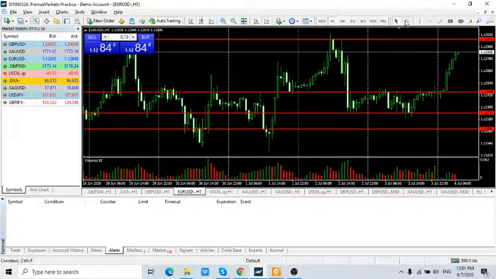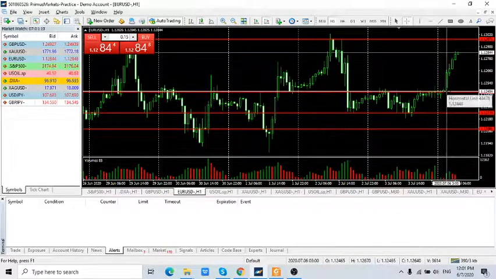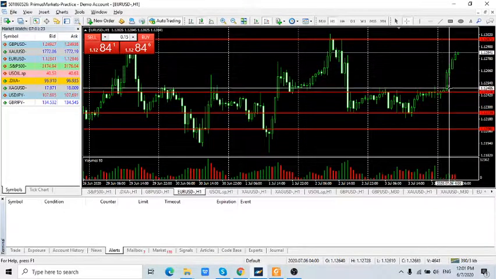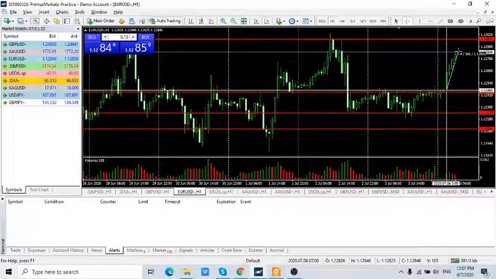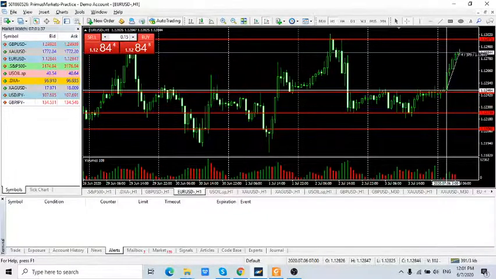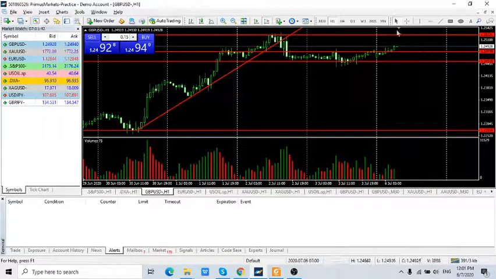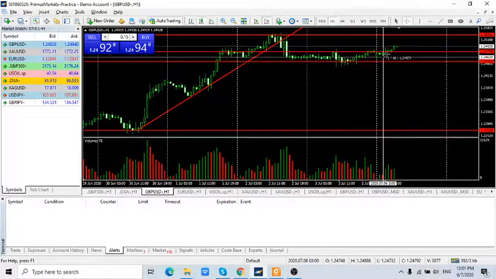For the euro dollar, as early as 3 plus 5, 8 a.m. this morning, Singapore and Malaysia time, it strengthened from 1.1246 all the way to the current price of 1.1285. We seldom see this. The euro dollar has moved up 39 pips, which is more than the UK pound is doing.